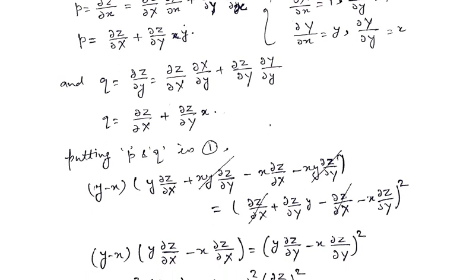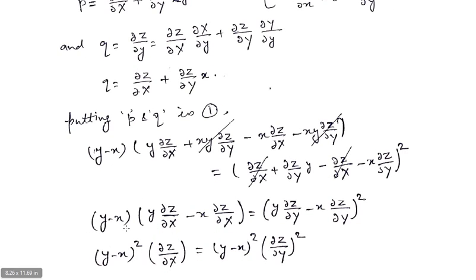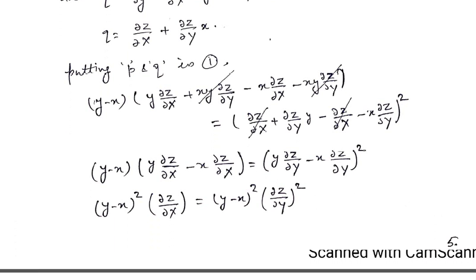So the remaining terms can be written as y minus x into y del z upon del x minus x del z upon del x is equals to y del z upon del y minus x del z upon del y whole square. This is what del z upon del capital X, and this is del z upon del capital Y. So y minus x whole square cancels out on both sides.